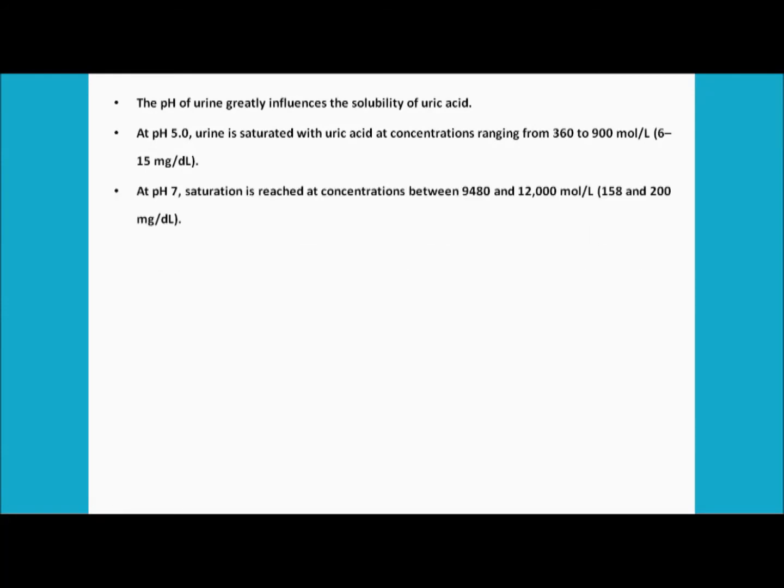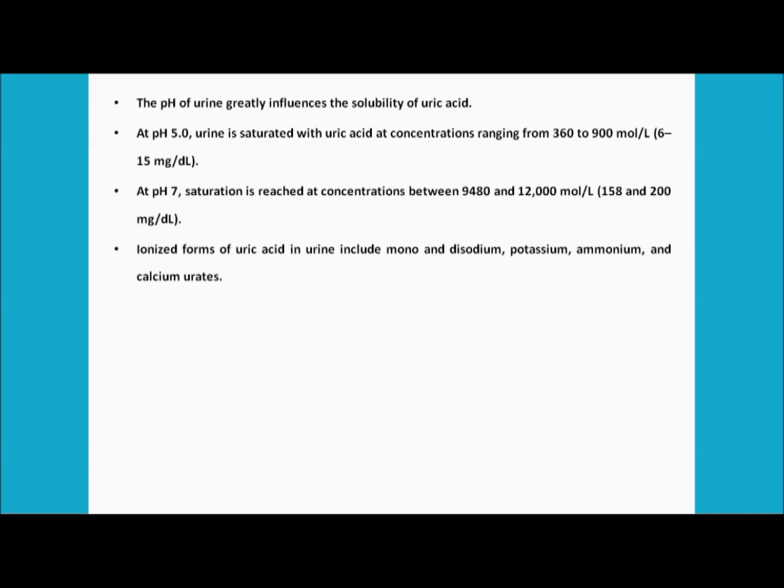Now at the pH of 7, when the urine pH reaches the normal condition, or you can say the neutral pH, the saturation is reached at a concentration of 9480 and 1200 micromole per liter, that is equivalent to 158 and 200 mg per deciliter, right?